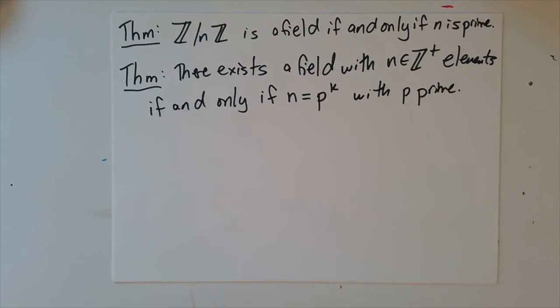So in other words, if you are looking at a prime power, then there's always a field with that many elements. And if you're not looking at a prime power, there's not a field with that many elements. So there's no field with 6 elements, there's no field with 12 elements, and so on.